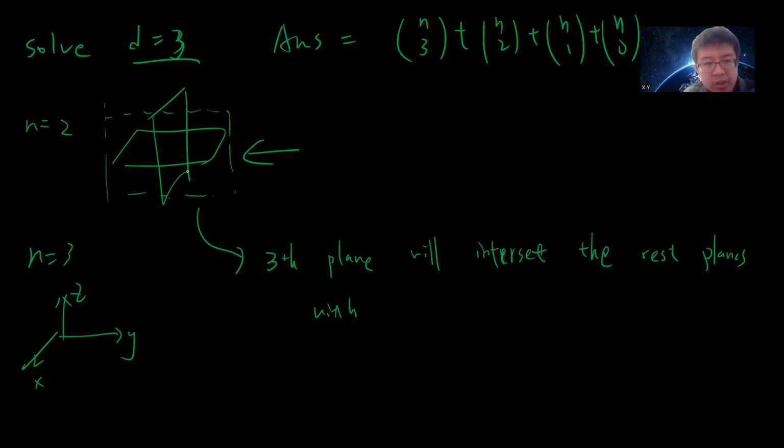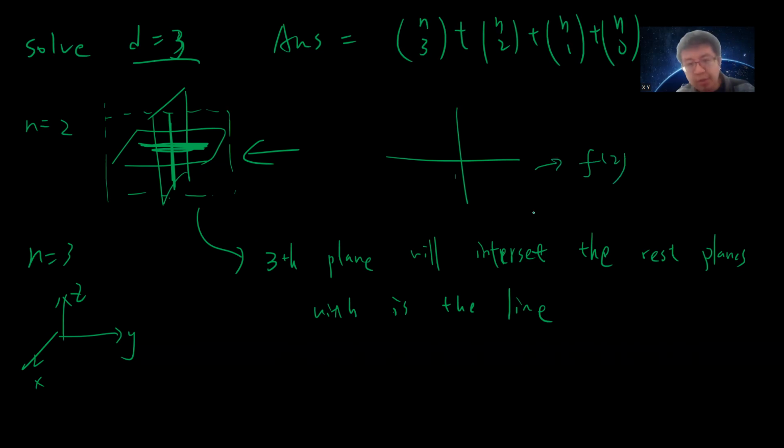So their intersection is a lower dimensional object. In this case, their intersection is a line, and you can see that their intersection shape looks the same. So what is this? This is like the previous one, this is F2. Each one of these will give you one extra space. So this guy will be just 4 plus 4.